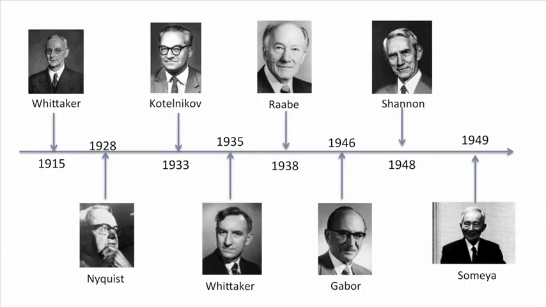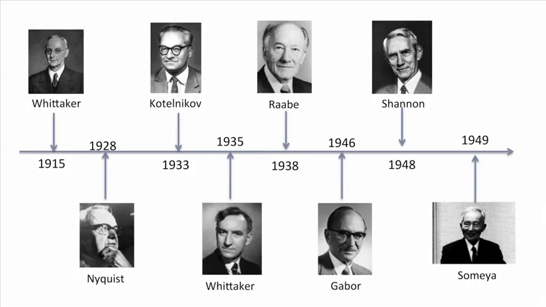Harry Nyquist at Bell Labs came up with the Nyquist criterion, namely that a function that had a maximum frequency f0 could be sampled at 2 times f0. In the Soviet Union, Kotelnikov proved the sampling theorem. The son of the first Whittaker, another Whittaker, further proved results on the sampling theorem.